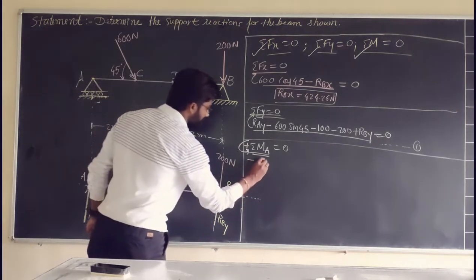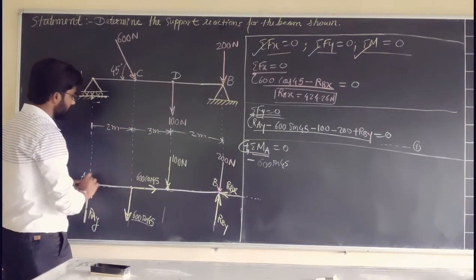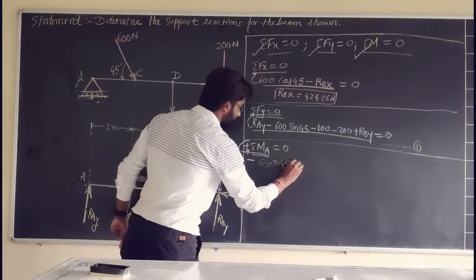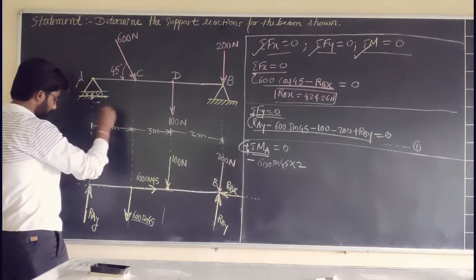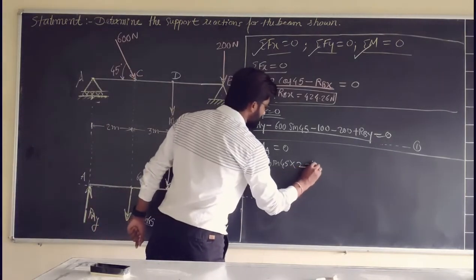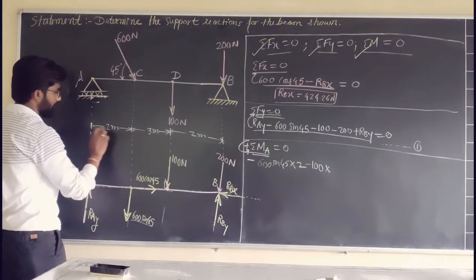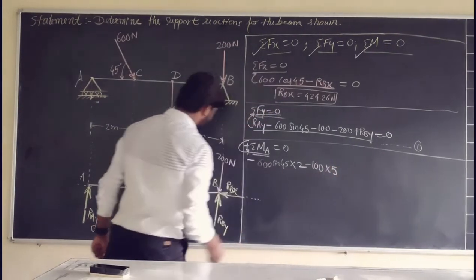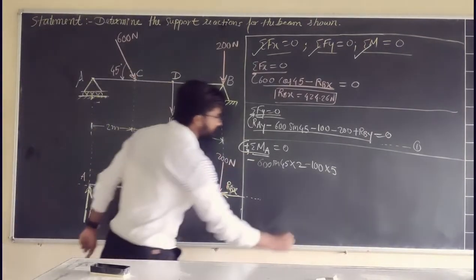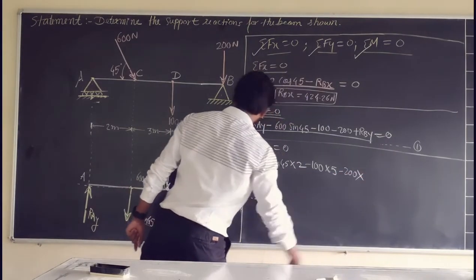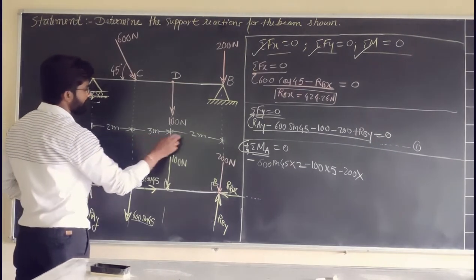The force is 600 sin of 45, and the perpendicular distance is 2 meters. Then we have the 100 Newton force, which again creates a clockwise effect around A, so minus 100 into its perpendicular distance about A, which is 3 plus 2, 5. Then the 200 Newton force about A again creates a clockwise effect, so minus 200 into its perpendicular distance about A, which is 2 plus 3, 5, 5 plus 2, 7.